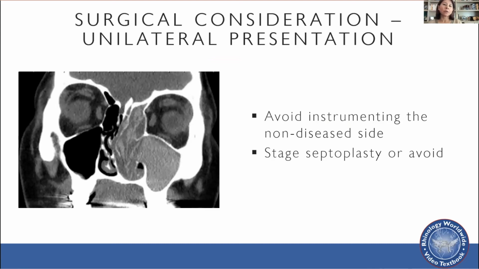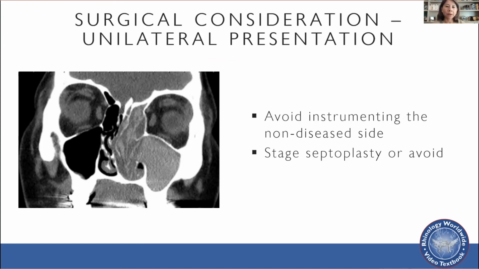So going back to this unilateral presentation, the fact that we know that fungus can trigger this inflammation, it's really important, at least for me, not to instrument the opposite side. Sometimes, though, these patients will develop disease on the opposite side. However, there's many patients that I've operated on with unilateral disease that do not develop disease on the other side.